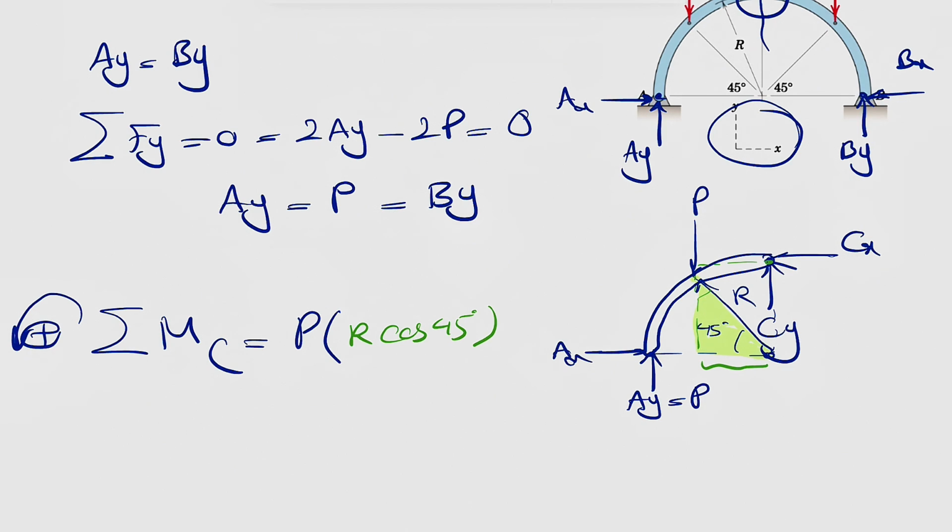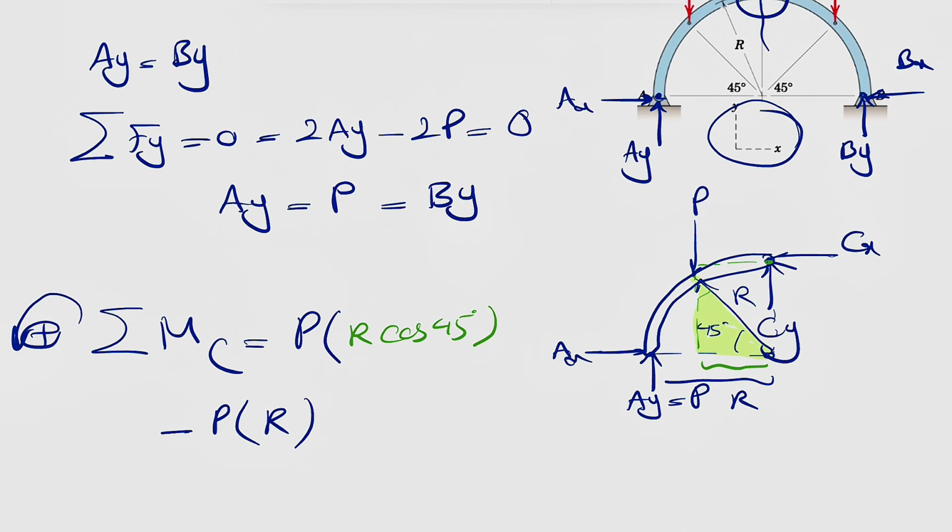That's one force. We also have the moment of Ay, which is also P, and that's in this direction, so it's a clockwise moment. So negative Ay, which is P, times R, because the distance is the radius of that quarter circle.